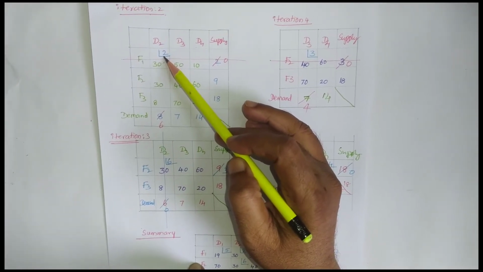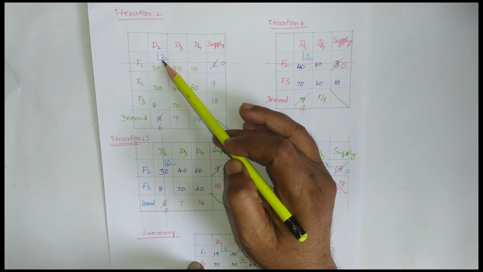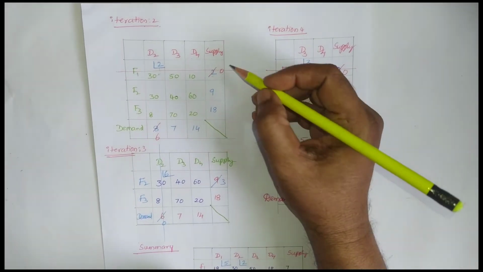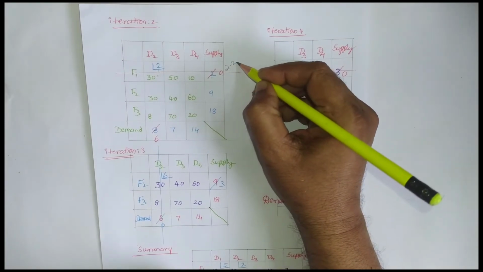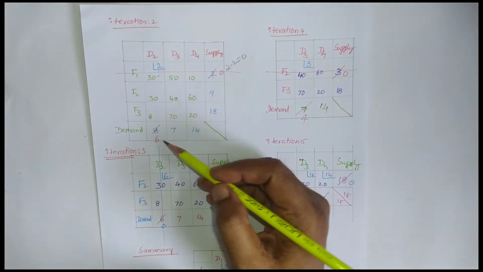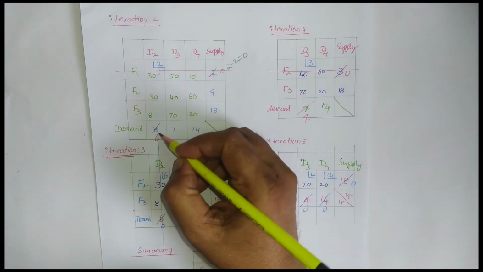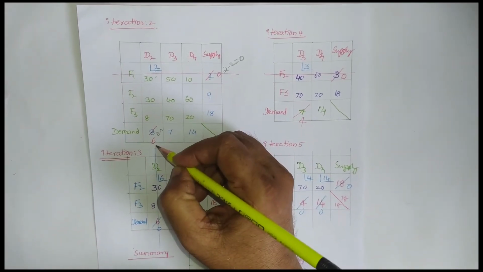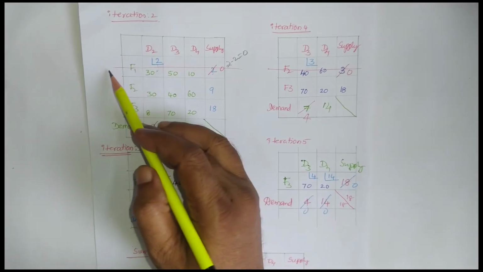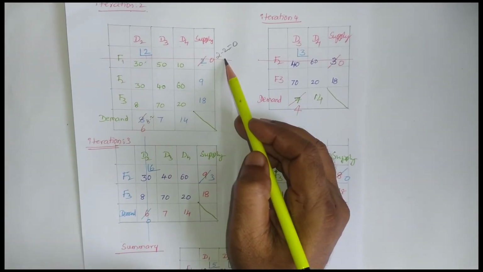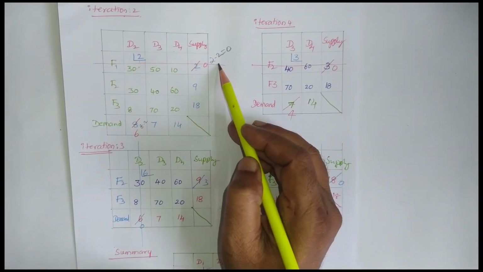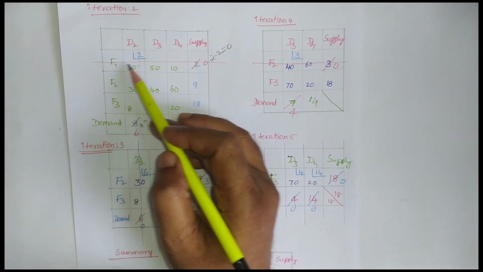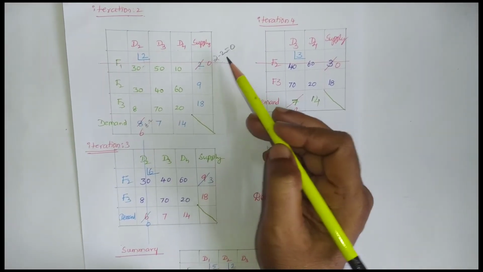After allocating 2 units, supply is 0 because 2 minus 2 equals 0, and demand is 6 because 8 minus 2 equals 6. This row is satisfied because there is no supply left, so it is deleted for the next iteration.